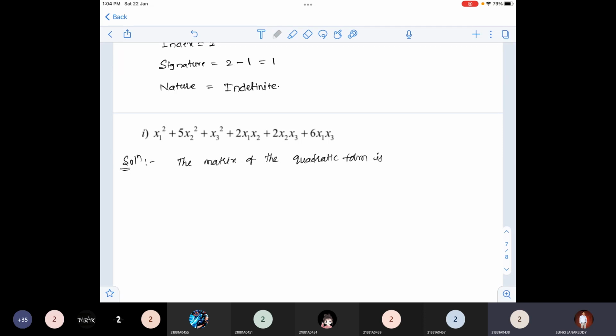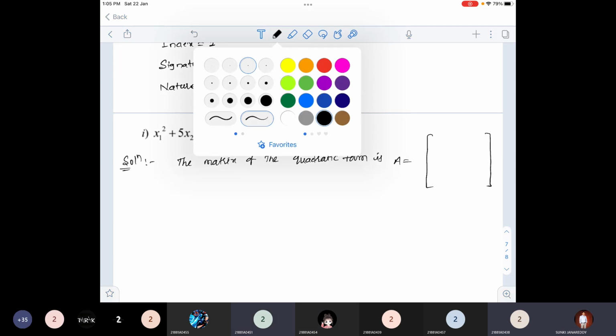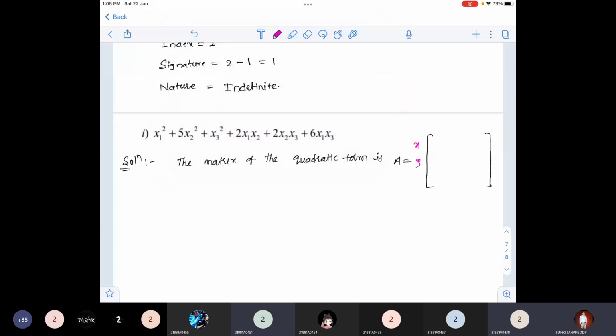Tell me. Capital A is equal to 1 1 3, don't confuse, okay, 1 1 3.